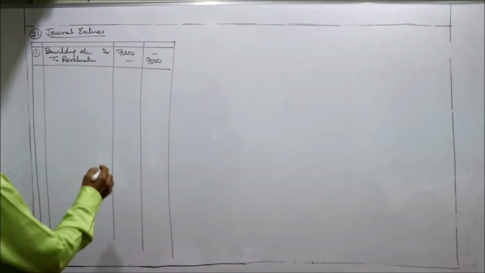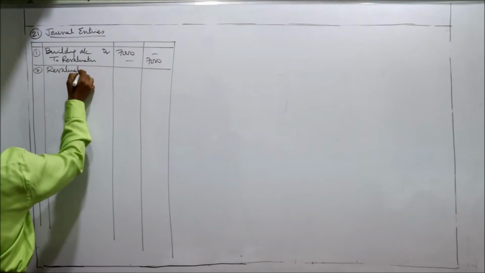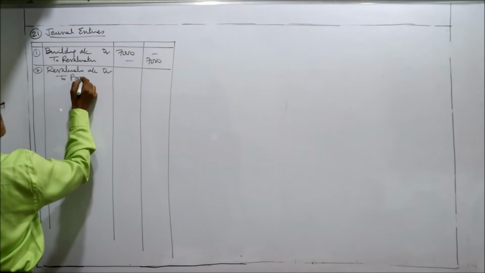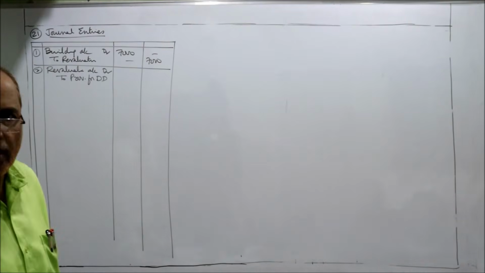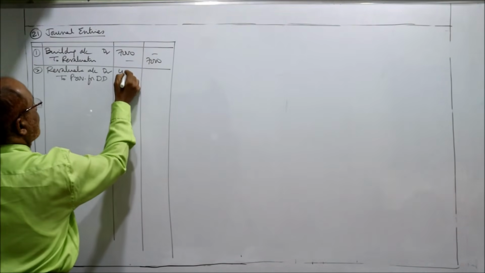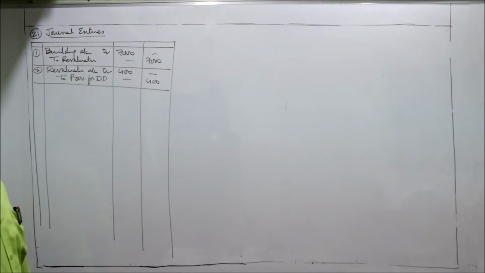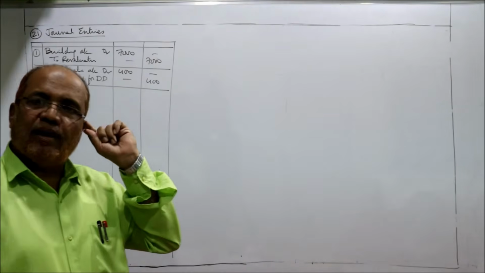Then revaluation account debit to provision for doubtful debts. So 5% if you calculate 400. Being the provision for doubtful debts made. Next, there are no other revaluation.